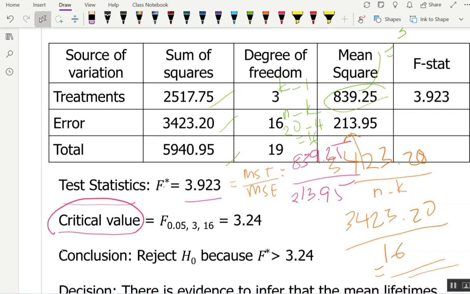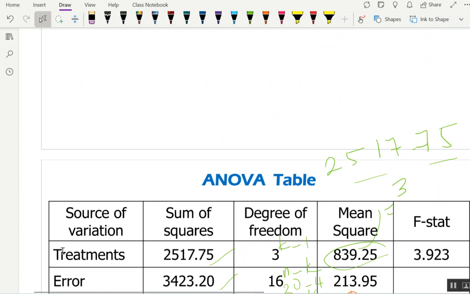The critical value is the one that we always read from the table. So in this context, we need to read from the F table. This is your alpha, the one that we had just now, 5%, right? And this is your numerator and denominator.